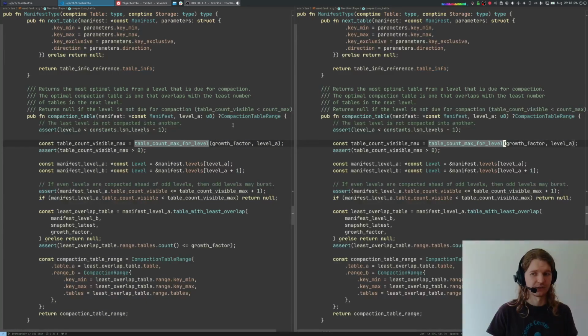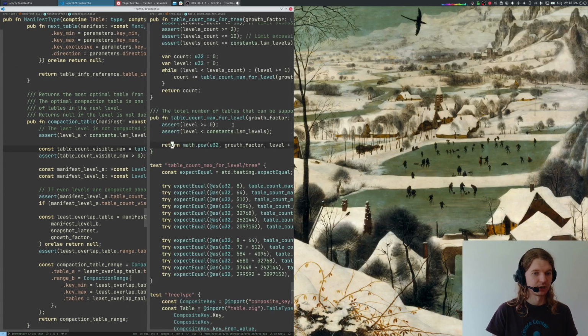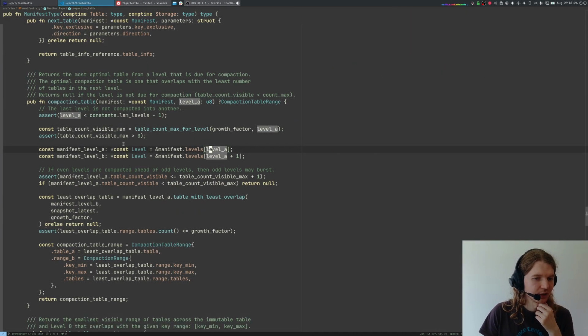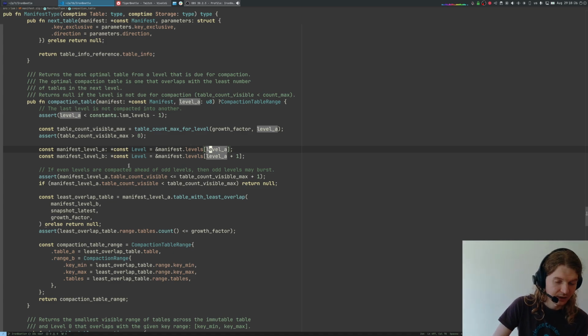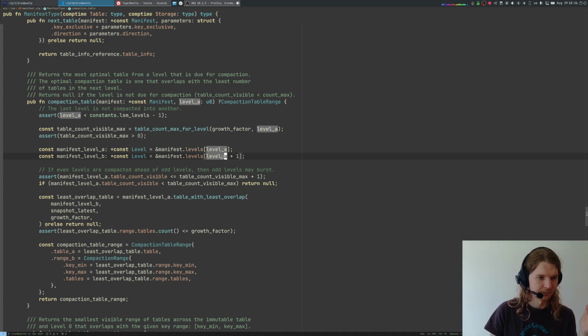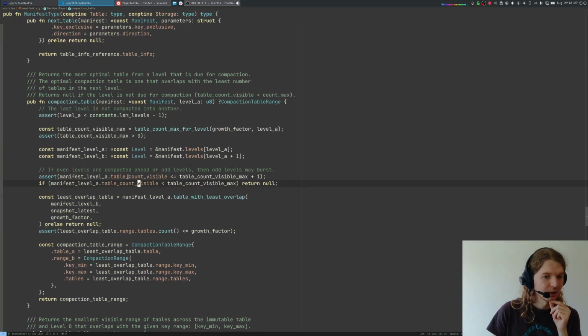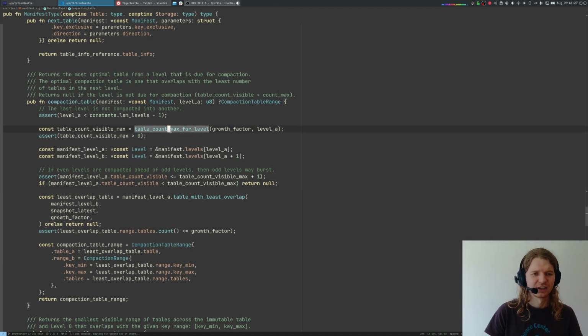So table count max for level, I think it's just the power. Yeah, it is just the power of LSM growth factor. Then we look at the levels from level A and level B. Does it have -1?